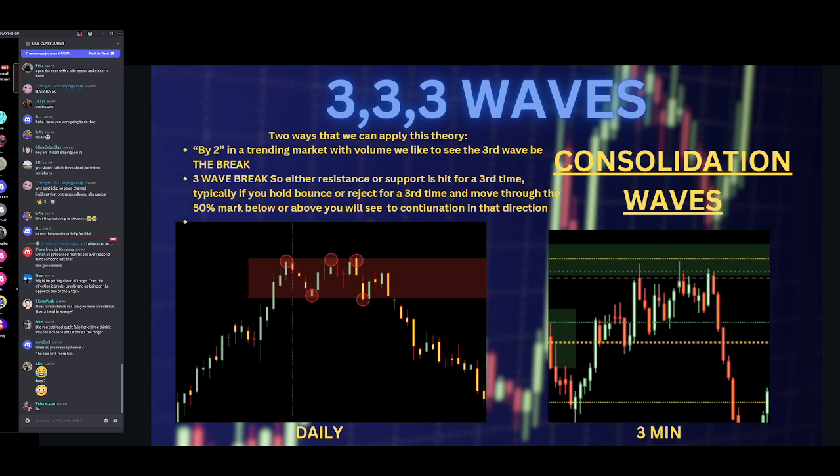Now there are variables in this, like if you go look at HIMS, I forgot how many times it's bounced on either side. This is where I set alerts, because if I try and I fail, and I actually am still short on HIMS.